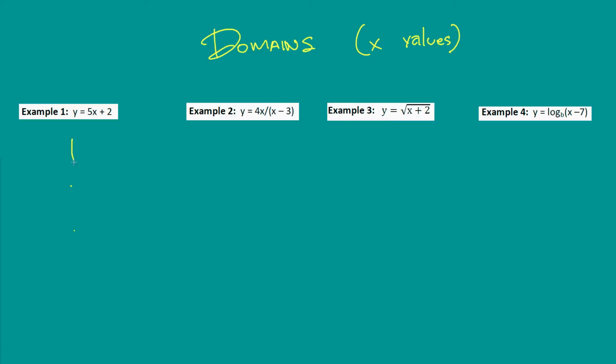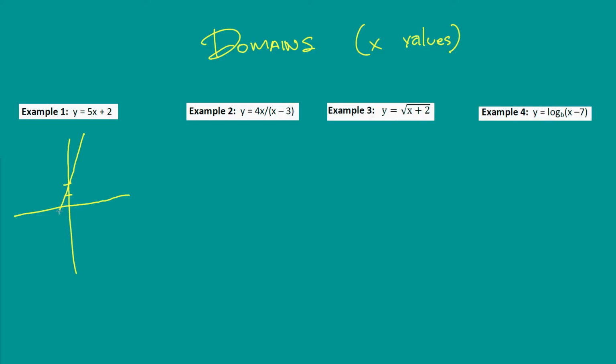Okay, so if we've got y equals 5x plus 2, if we draw this graph, it's a line with a y-intercept of 2 and a slope of 5.